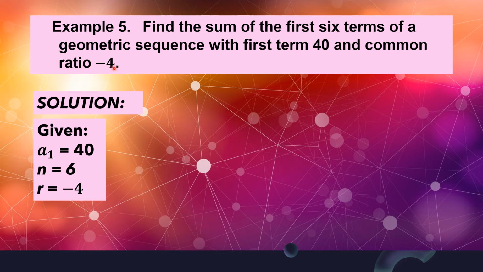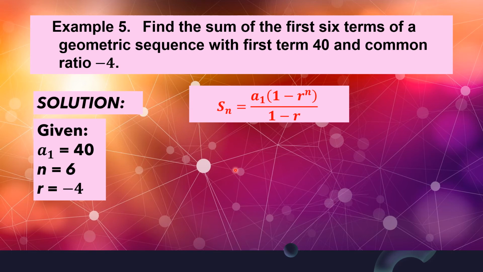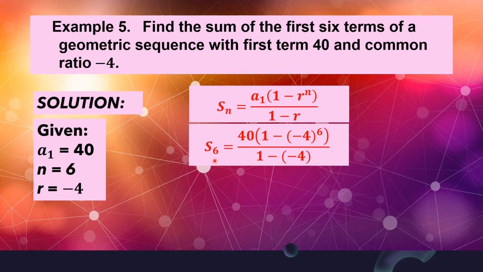The common ratio is negative 4. And the number of terms is 6. Using the formula, change n now to 6. So we have S sub 6. S sub 6 means the sum of the first 6 terms.